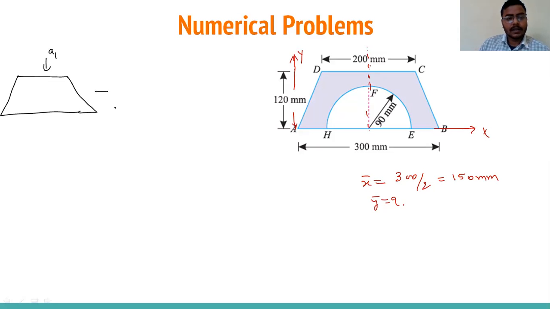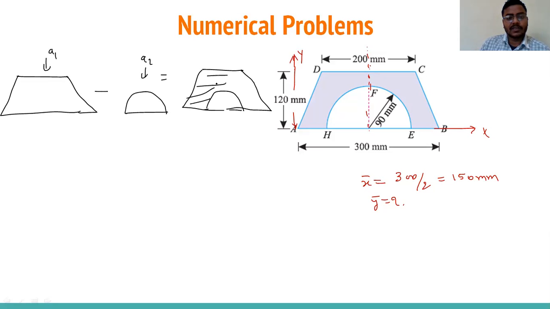Then I will deduct this semicircle, that is A2. Then we will finally get this section, whatever is required. And we have to calculate y bar for this. Okay, so let's do it.